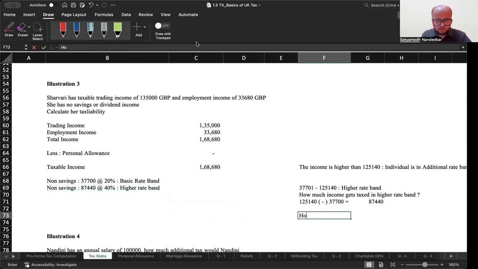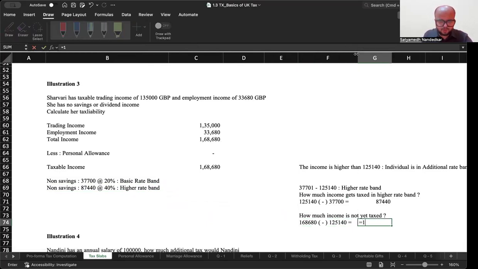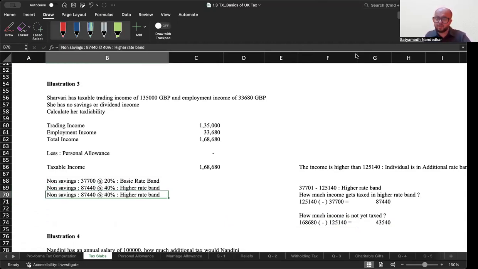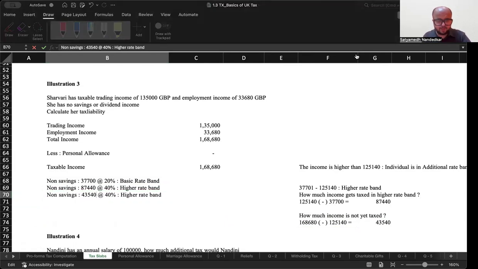And how much income is not yet taxed? 168,680 minus 125,140 is 43,540. This much amount is not yet taxed. It will be taxed in the additional rate band at the rate of 45%. So 43,540 at the rate of 45%.